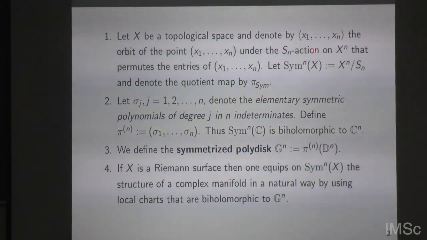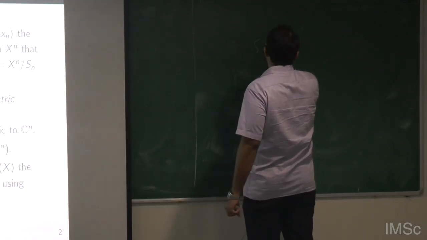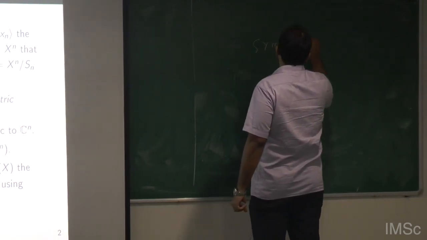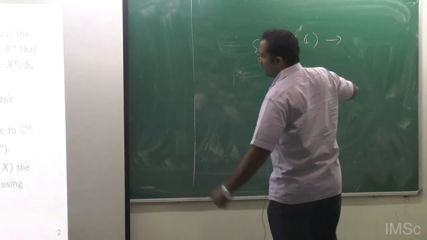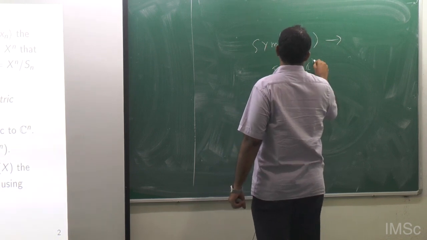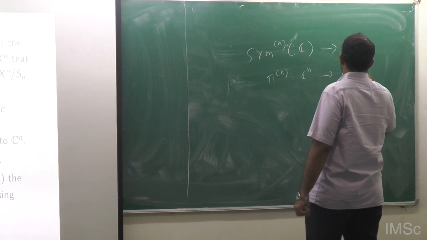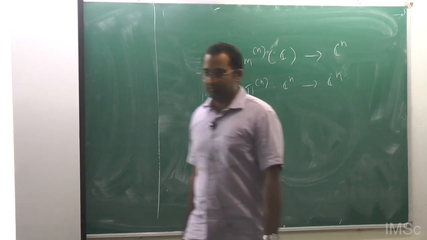So you get a mapping from Sym^n C to C^n, induced by the map pi^n from C^n to C^n.